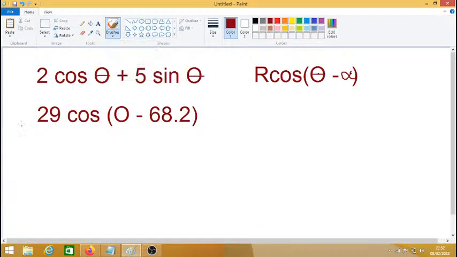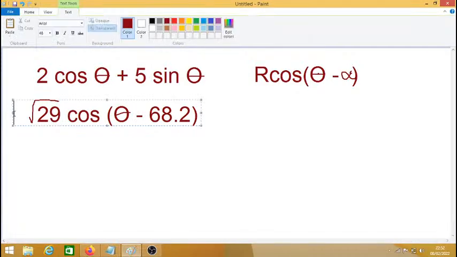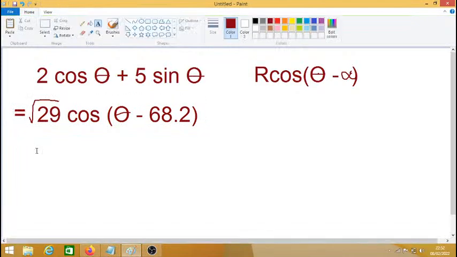So let me just say that again. Root 29 times cos theta minus 68.2 degrees. So everything in the top line can be rewritten as the bottom line.